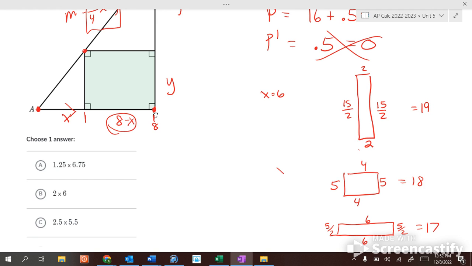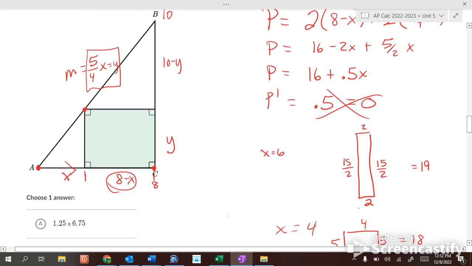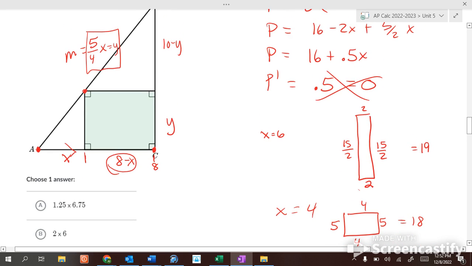So as x gets smaller, what's happening here? Perimeter keeps getting smaller. So there's not a maximum here, because the perimeter will be the smallest when x equals basically 8, but then that doesn't make a rectangle, so that's why it doesn't make sense, and so that's why there is not an answer.